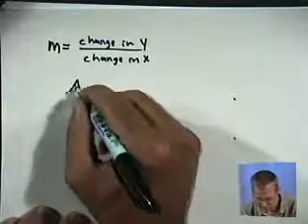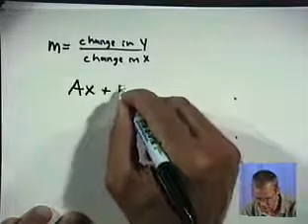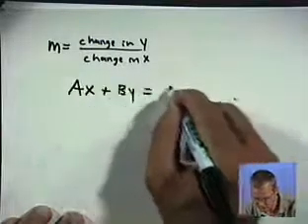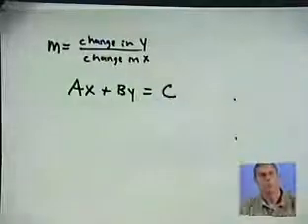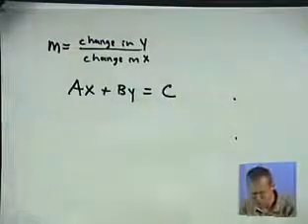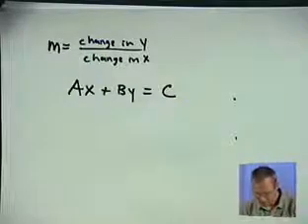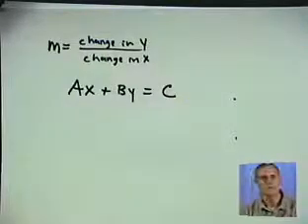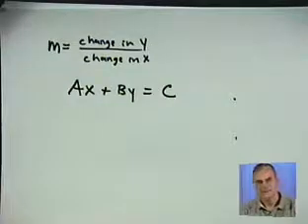So here's my line. Here's my linear equation. What we want to do is find 2 points on that line, and then we'll just compute the slope. Now, what would be one good point to find on that line?